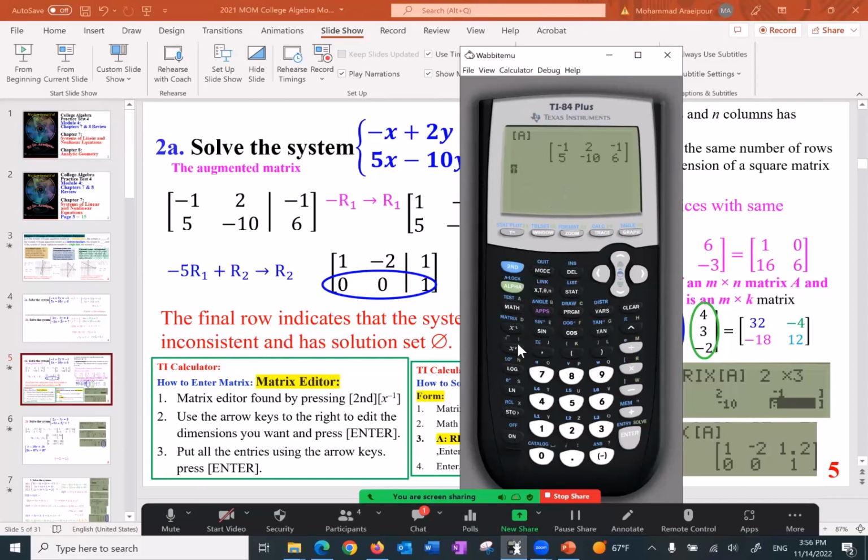If you go second x inverse, you go to the math, or EF, second, again, matrix A, and it will give you the answer that we have right here.